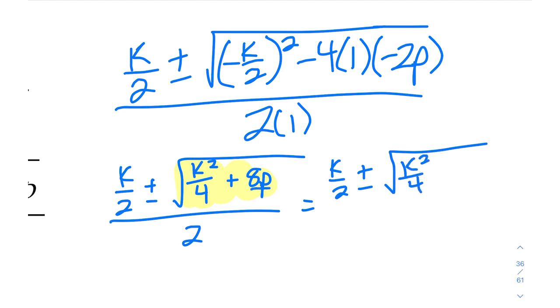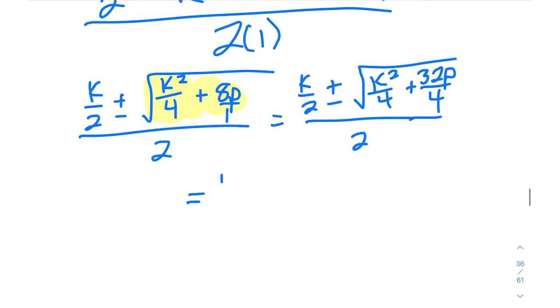We're going to get a common denominator of 4. This would be k squared over 4, and if you multiply the 8p by 4 to get your common denominator, this will be plus 32p over 4. The whole thing's over 2.